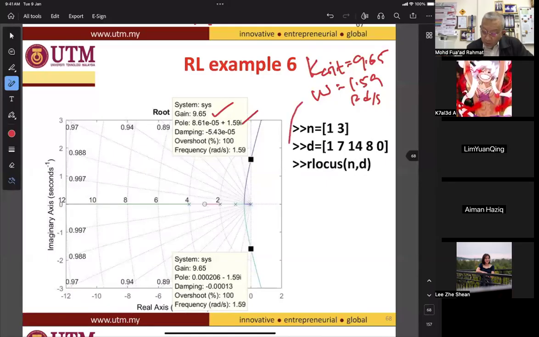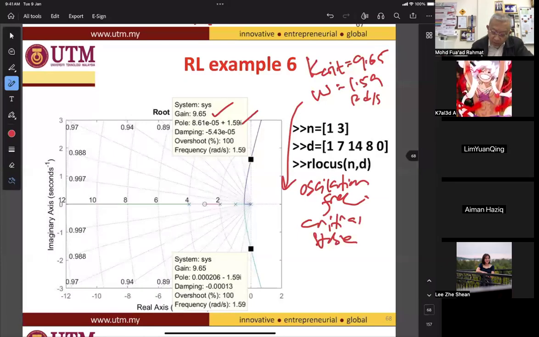This omega is also known as oscillation frequency, because when the root locus intersects with the imaginary axis, it is critical stable, and the response is like this.